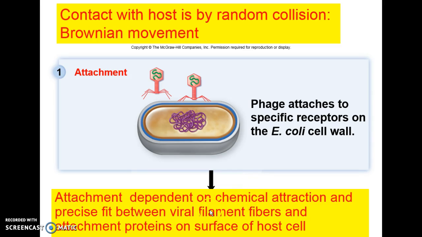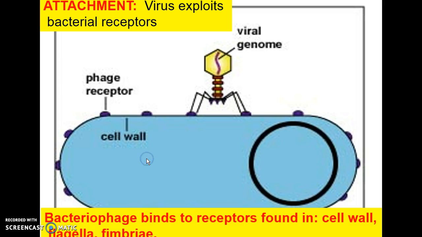Remember, this attachment between viral recognition sites of the virus and specific receptors in the host is what determines viral specificity. Here is the bacteriophage bound to the host receptors.